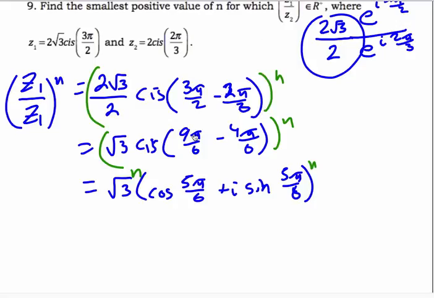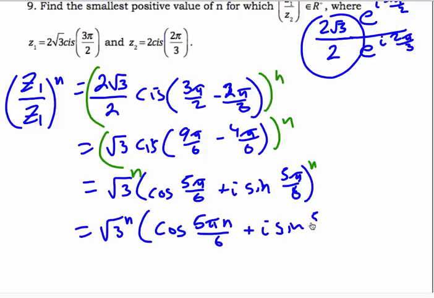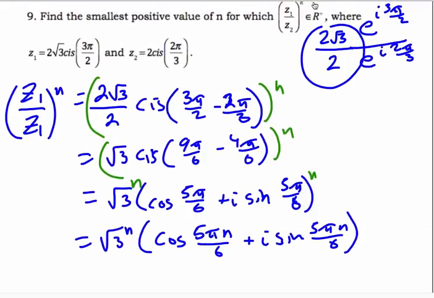And next we can use DeMoivre's Theorem to distribute this n, and we're going to have cosine 5 pi n over 6 plus i sine 5 pi n over 6. So the question asks us, what's the smallest positive value of n for which this complex number is a positive real number?